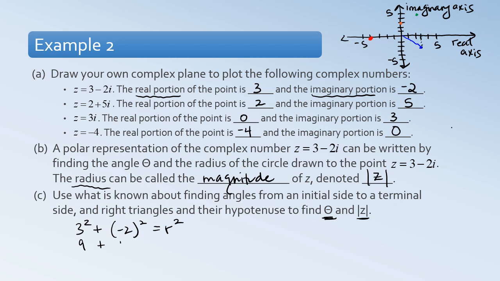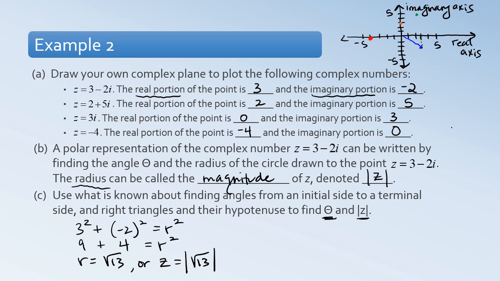So I'm using the Pythagorean theorem to find r squared. R is going to be the square root of 13, and so I'm going to say that z is equal to the square root of 13.